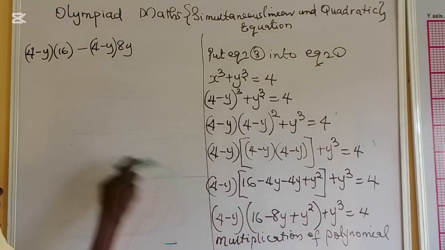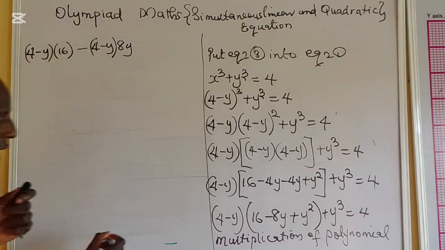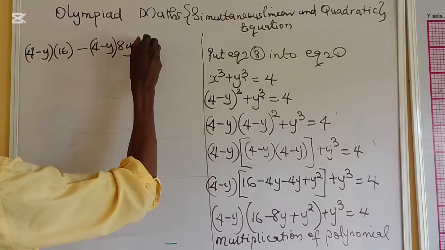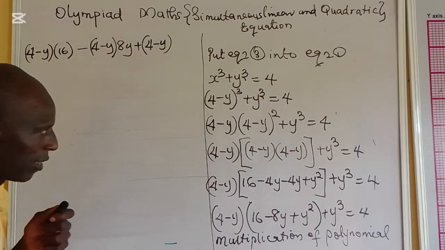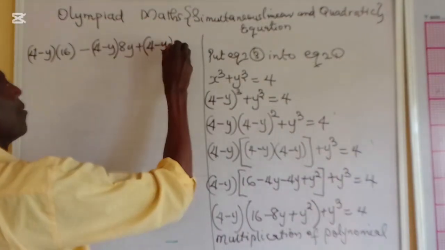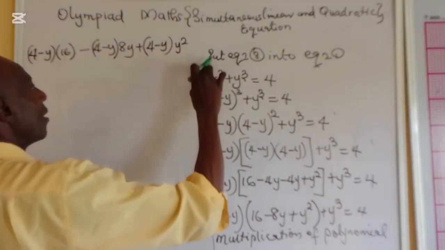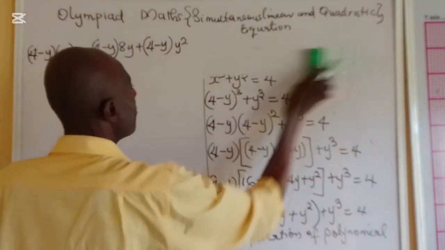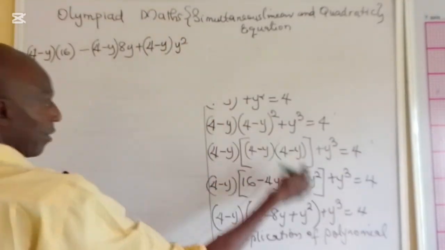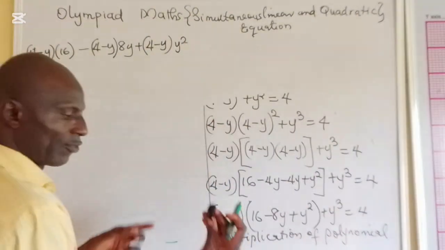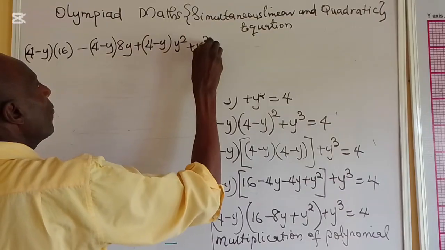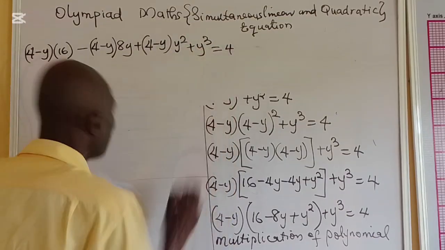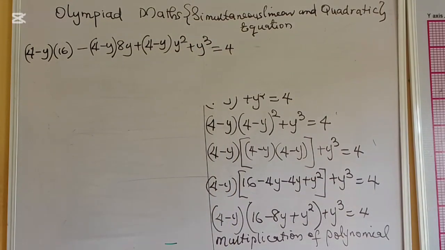Look at the minus which is here. Then plus (4 minus y) multiplying y squared, plus y raised to the power of 3 is equal to 4. Alright, let us multiply.